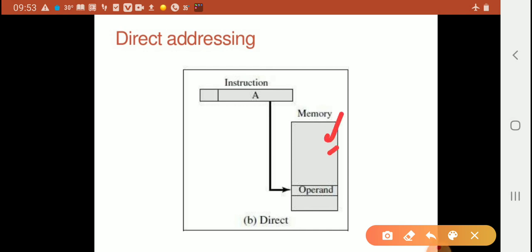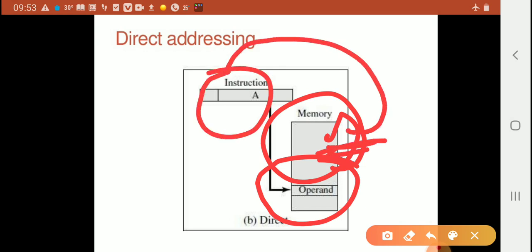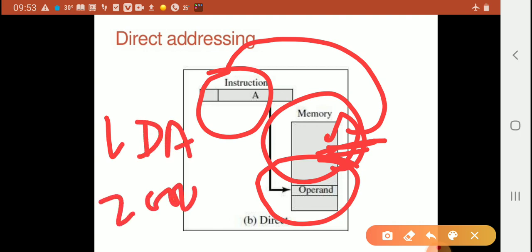So the operand is directly stored in the given memory location of the instruction. For example, say LDA 2000H.